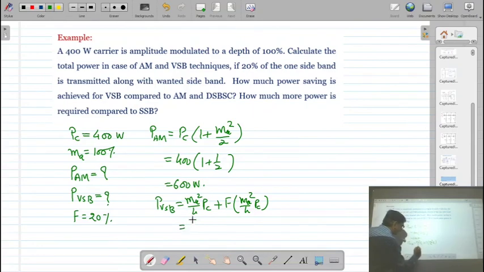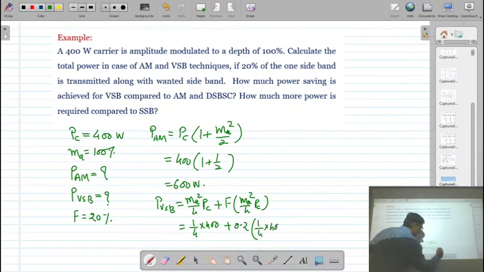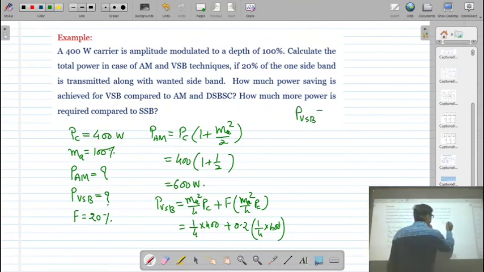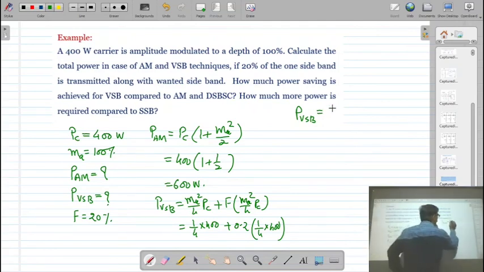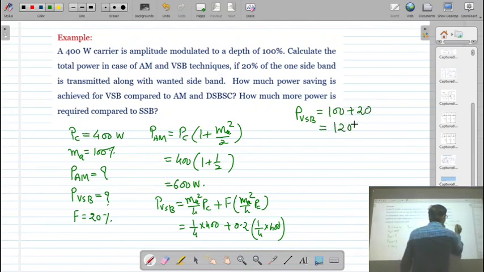So this is 1 by 4 into 400, plus 20% of this 1 by 4 into 400. So PVSB will be equal to 100 plus 20, the 20% of 100, and that is equal to 120 watt.